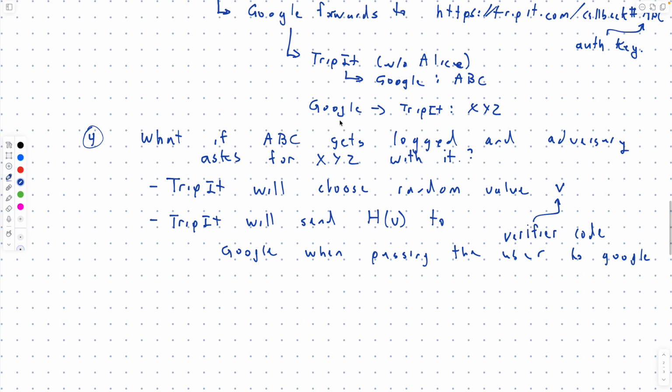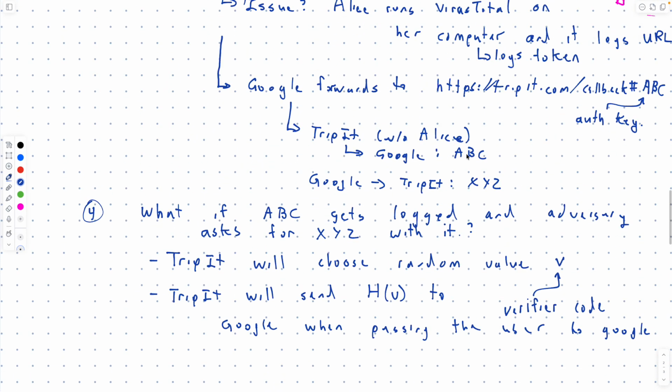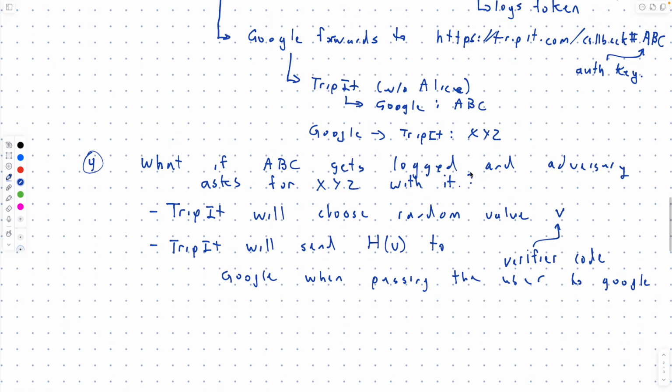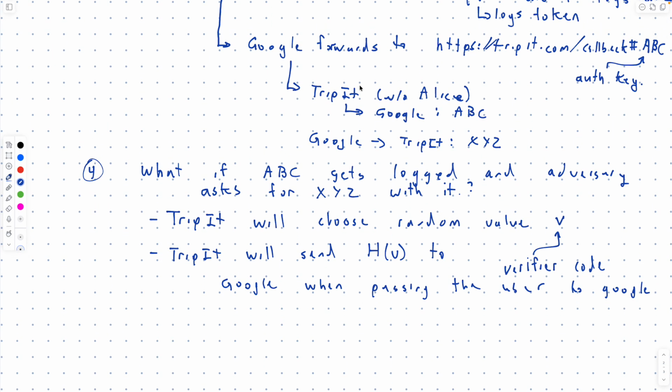Then Google is going to send the token back to TripIt. Now what it's going to send is a claim for the ticket, not the token itself. Then TripIt comes back and says, I have this ABC value. Okay, I want XYZ.